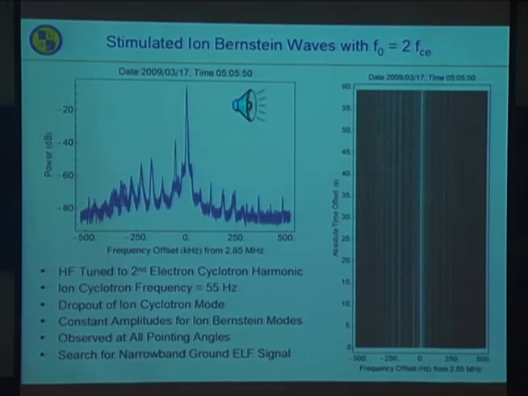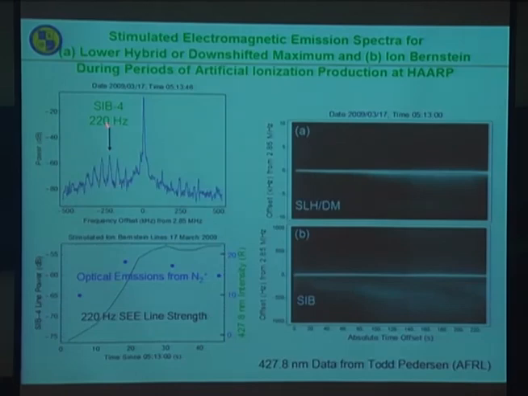Next slide, please. So this is the ion-Bernstein mode spectra we measure on the ground. Here's the pump wave, frequency plus or minus 500 hertz. Here's power. Here's the spectra at plus or minus 10 kilohertz. This is the upshifted maximum, downshifted maximum, lower hybrid wave. And here are the ion-Bernstein modes being produced here.